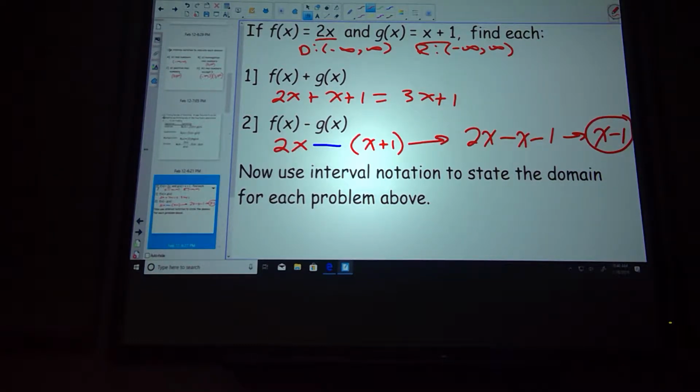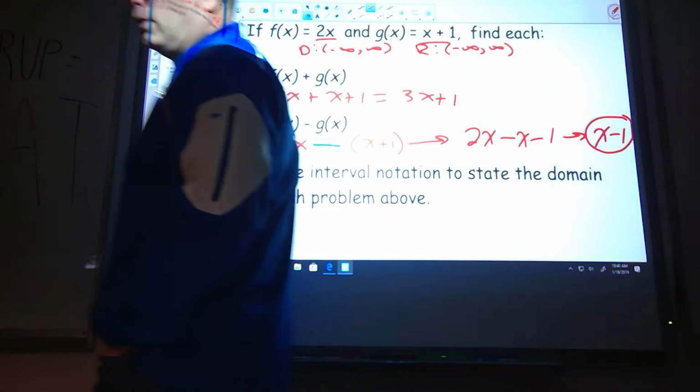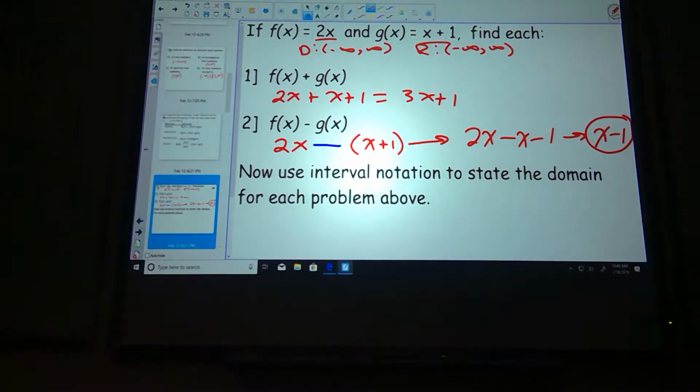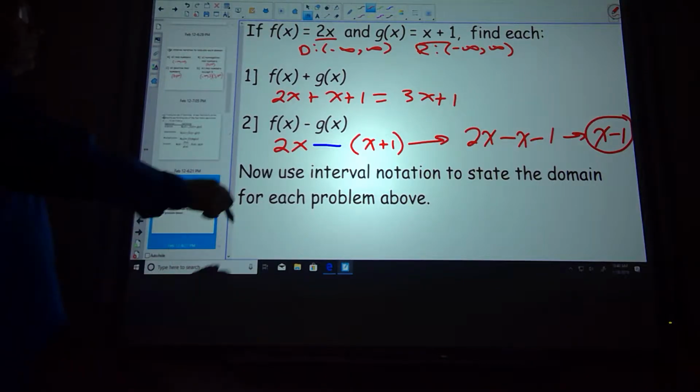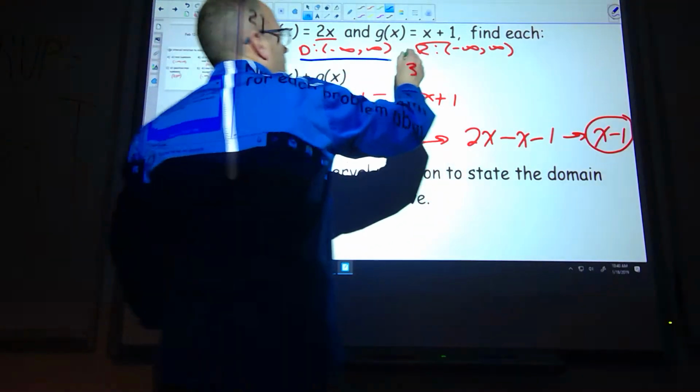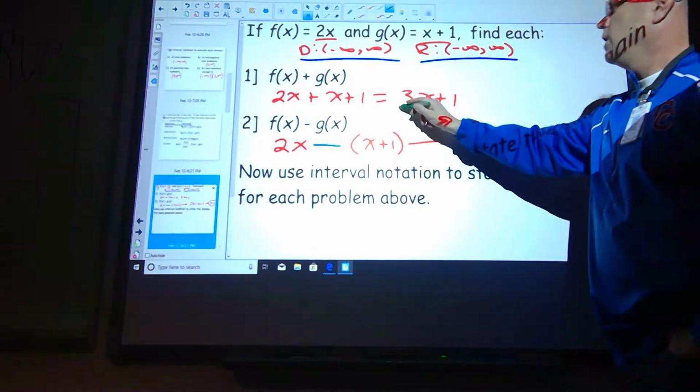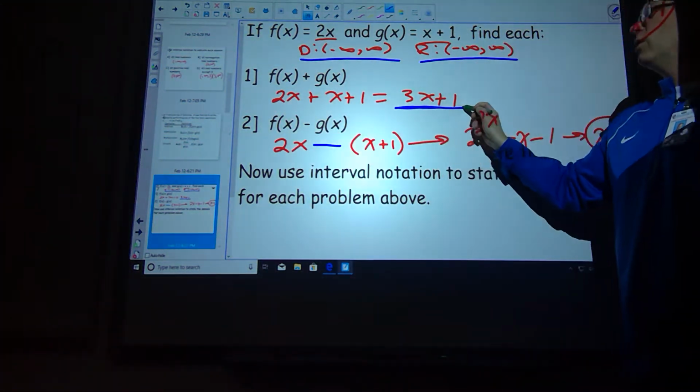Okay, so the big mistake that takes place in math is you forget to distribute your negative across the parentheses. All right? And then it says now use interval notation to state the domain for each problem above. Well, originally, my domain and range were not restricted. If those weren't restricted, does this look like it's restricted?